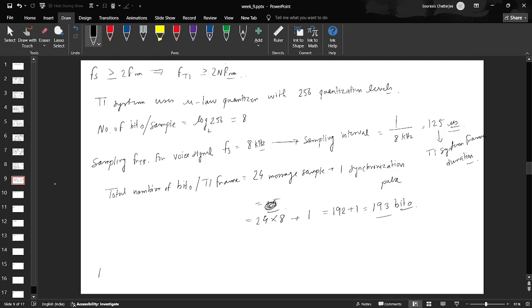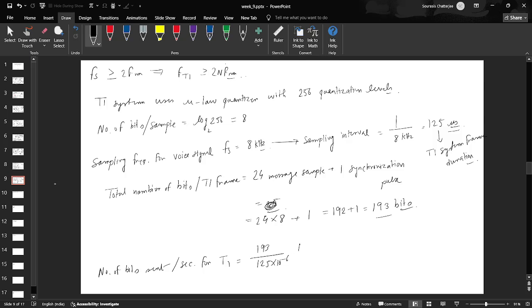So the number of bits sent per second for T1 is given by this: if 193 bits are sent over 125 microseconds, how many are going to be transmitted over 1 second? You can just use class 8 or class 10 math here. You have 193 bits every 125 microseconds.